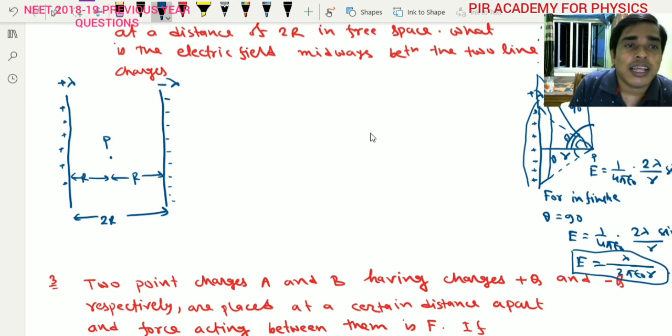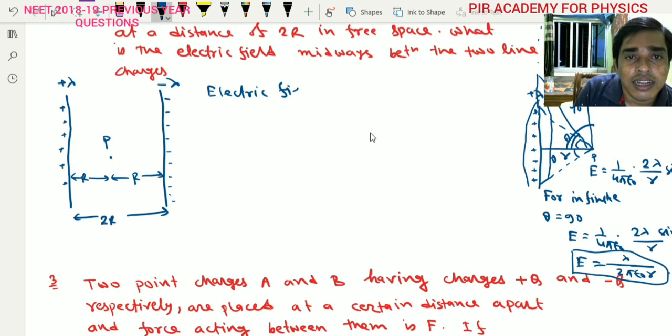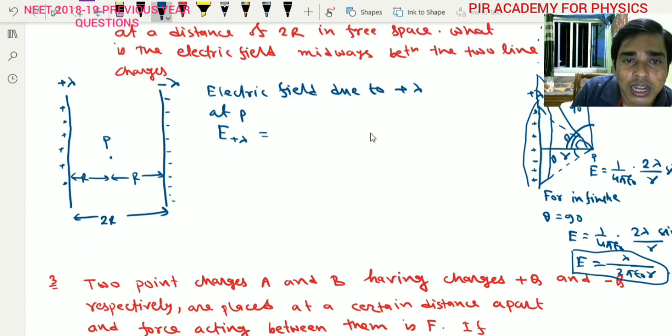So here the electric field due to plus lambda charge at P will be lambda by 2 pi epsilon naught r, because this is the distance r.